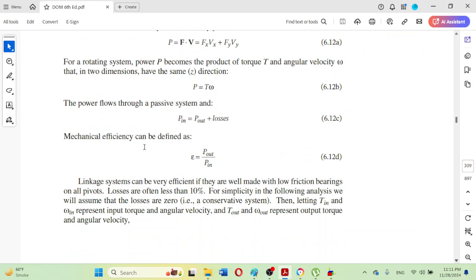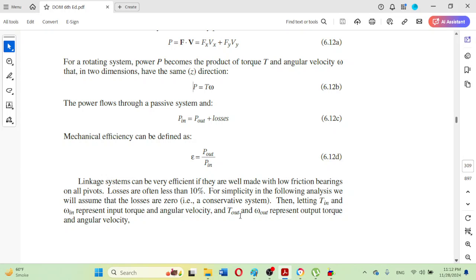So mathematically, efficiency is equal to power output divided by power input, meaning input power will be greater and output power will be lesser, because some losses will also occur, so efficiency will be less than unity.